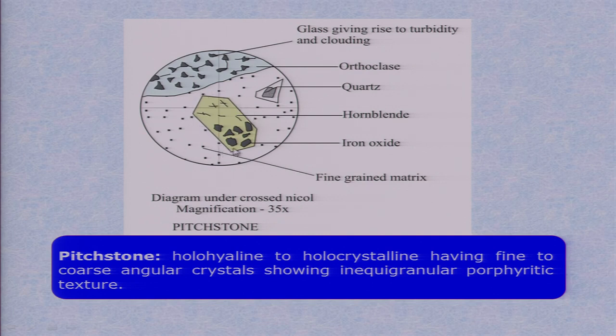In this background you have a crystal which is also altered, it shows inclusions of iron oxide within crystals, and these inclusions are more confined to the cleavage planes. And third one is glass giving rise to turbidity and clouding.